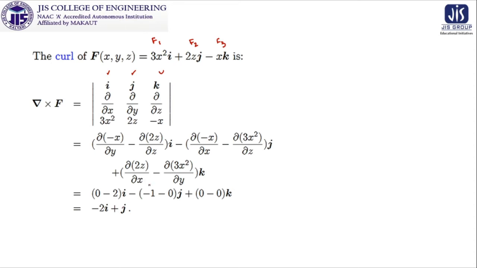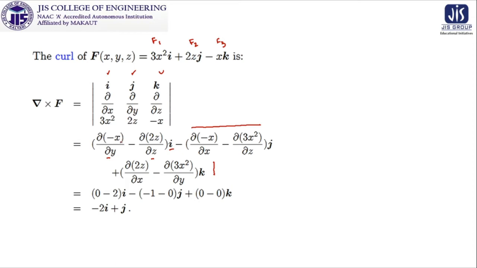So I will have del del y of minus x minus del del z of 2z. So this will give you 0, this will give you 2. Similarly for the next line and the next line.